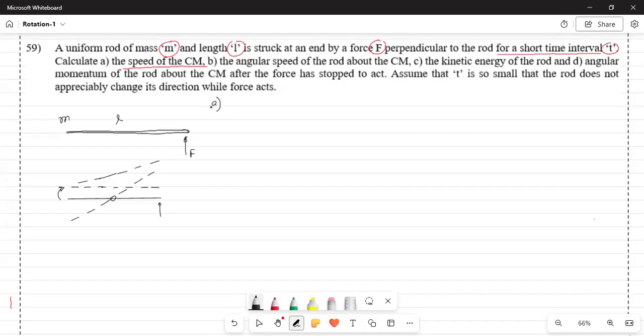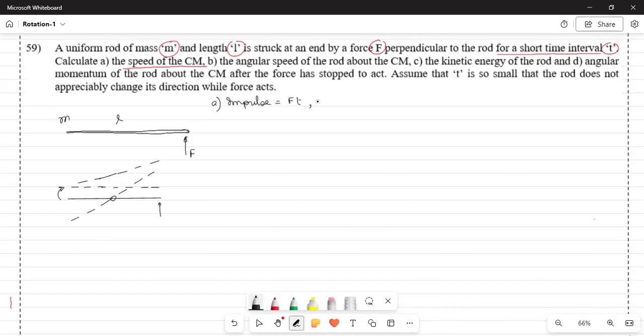Now, impulse is measured by, we normally call it F del t, but here time is given as t, so impulse is Ft.